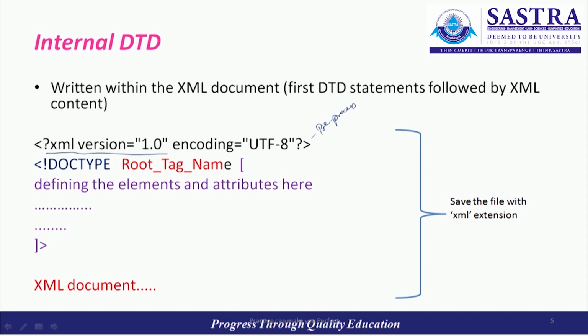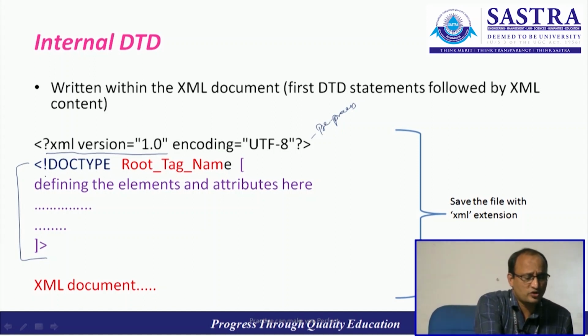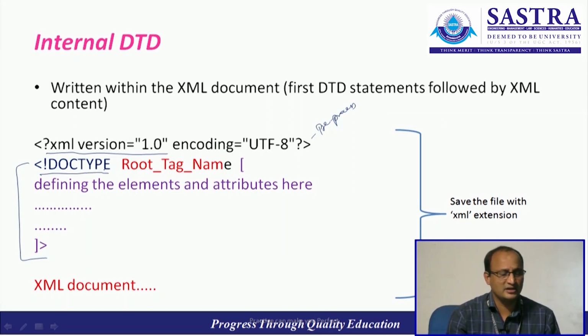In the same XML document we have to include the document type definition. How can we start DTD? The document type definition should start with <!DOCTYPE, which is written in capital letters. The machine can understand this is a processing statement for validating the particular XML document.